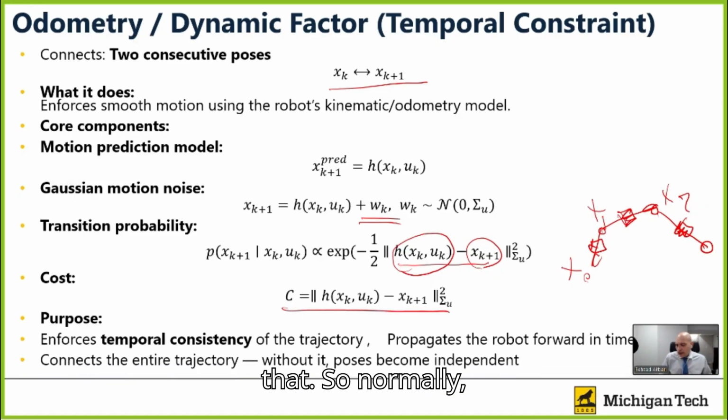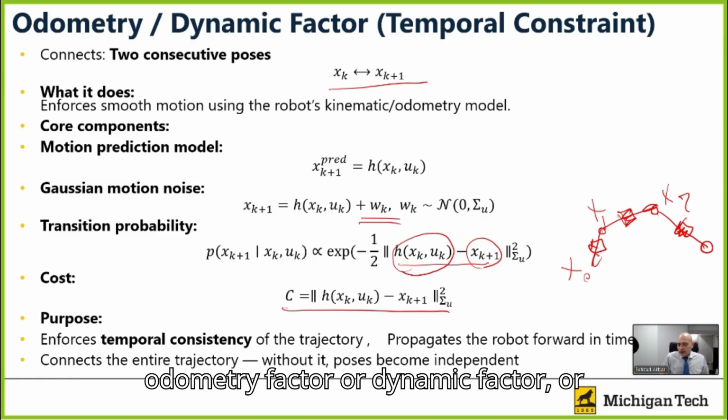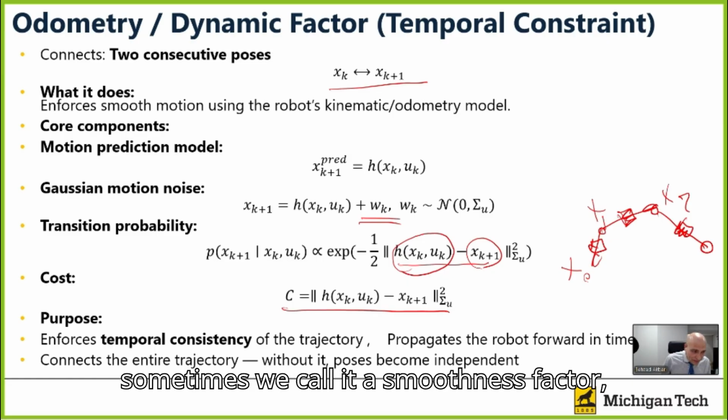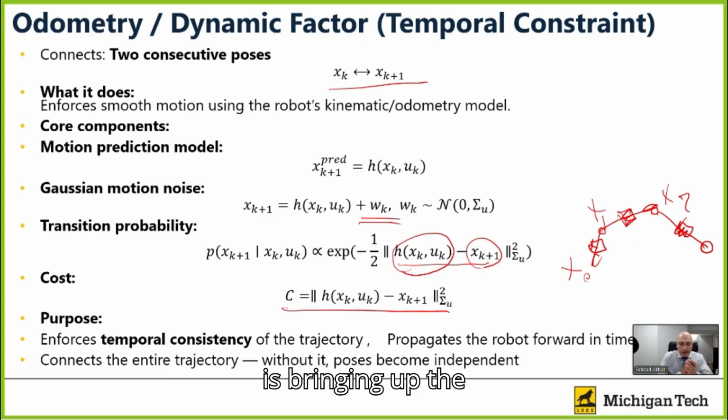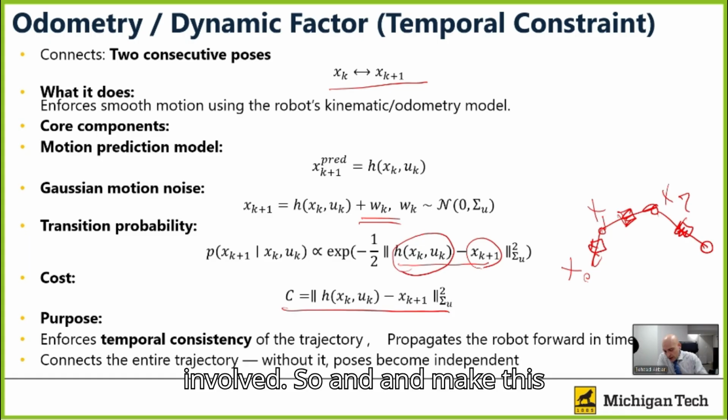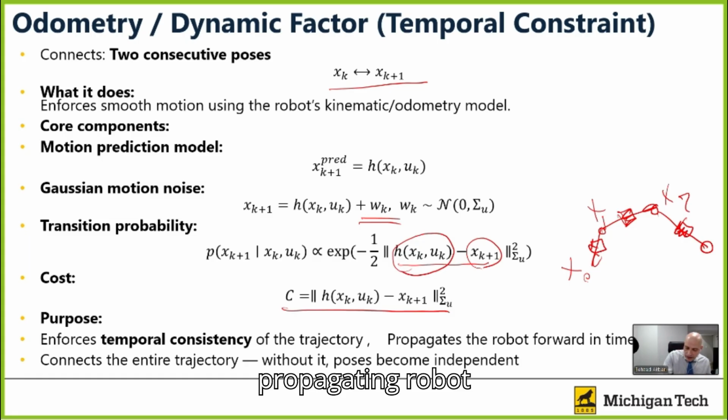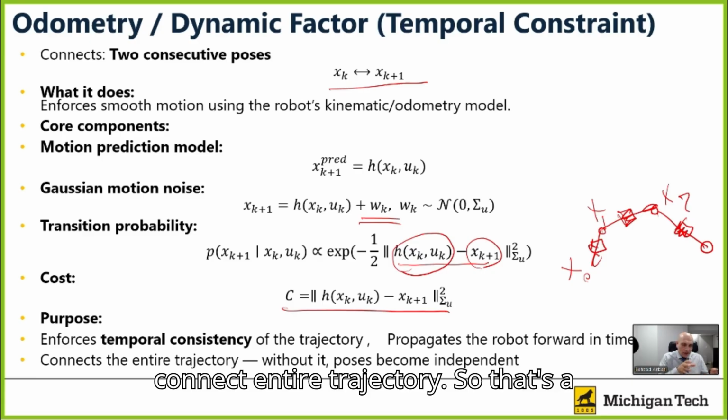So normally the odometry factor or dynamic factor, or sometimes we call it a smoothness factor, is bringing in the temporal space, bringing time involved. It makes temporal consistency, propagating the robot position in time and connecting the entire trajectory.